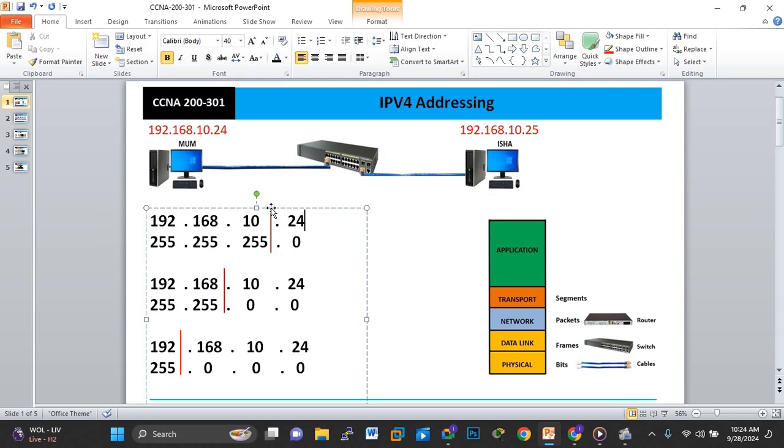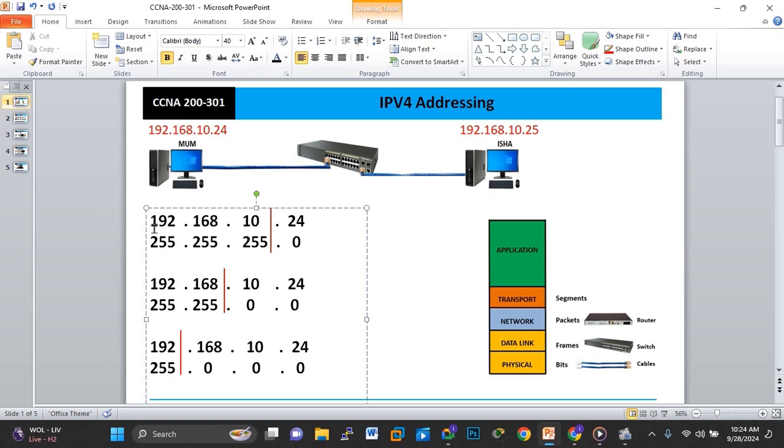This red line indicates that this 192.168.10 is the network side, while this other side, .24, is the host part. Because this line, we call it the subnet mask, divides between the network and the host part.